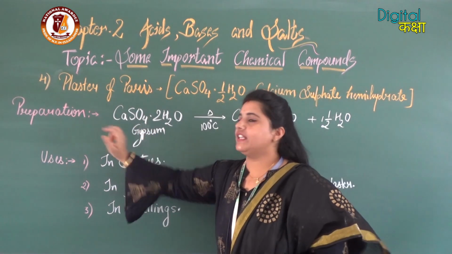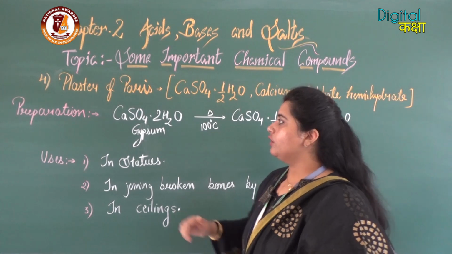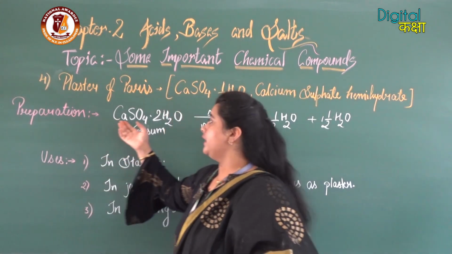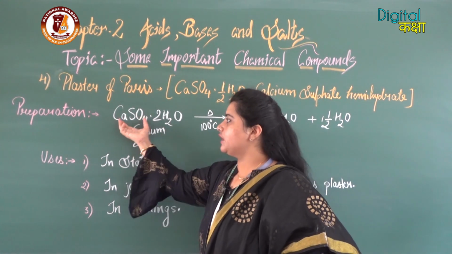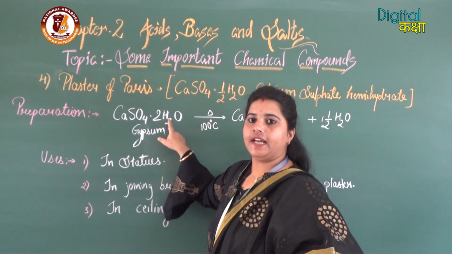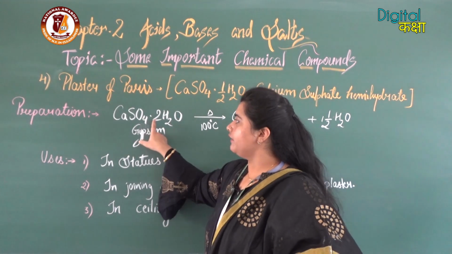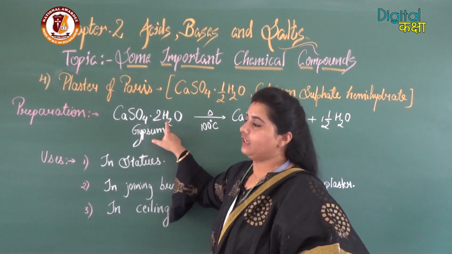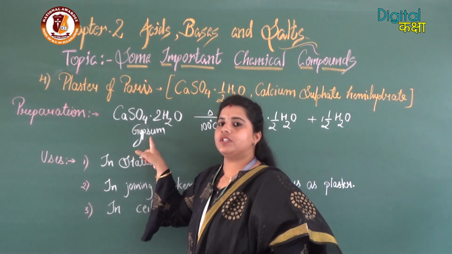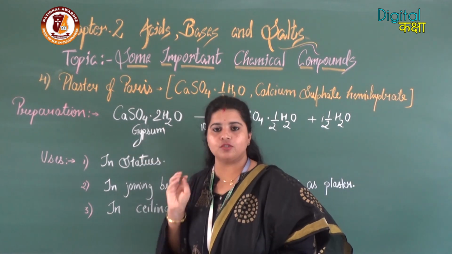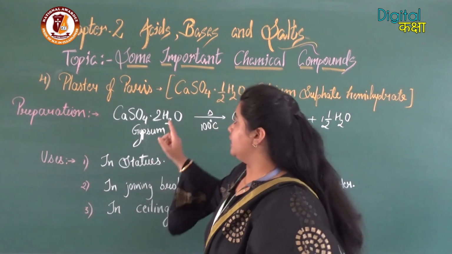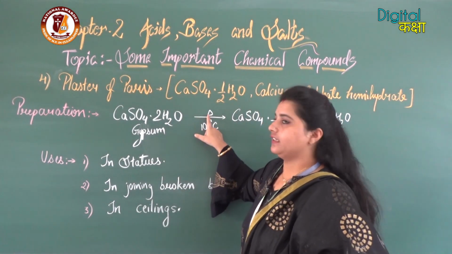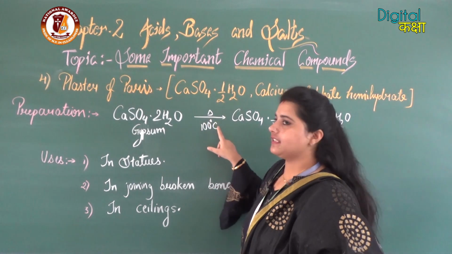Now, how is it prepared? For the preparation, we use gypsum. Gypsum is calcium sulfate dihydrate. So, here we have 2 molecules of water in calcium sulfate, which is called gypsum. It is also used for the preparation of cement. Now, this gypsum is heated at 100 degrees Celsius.